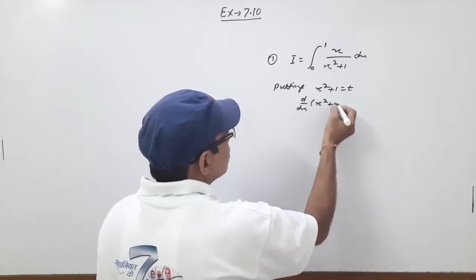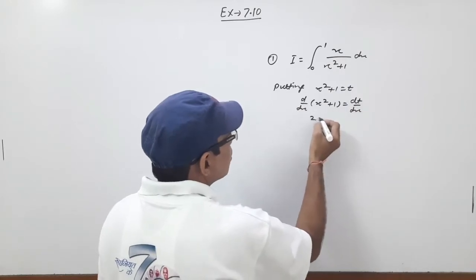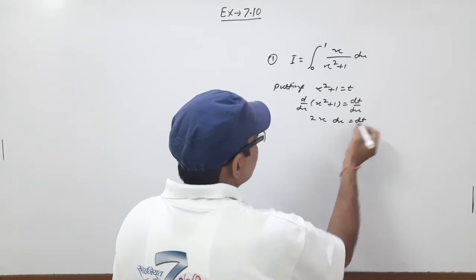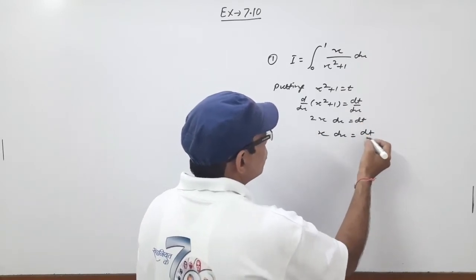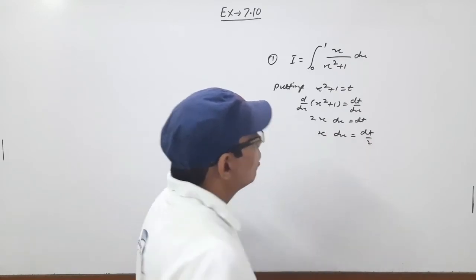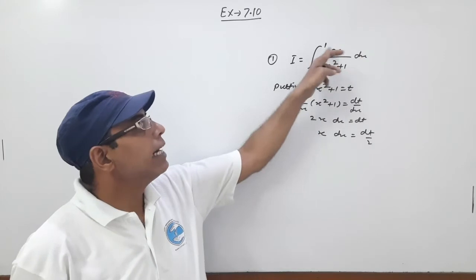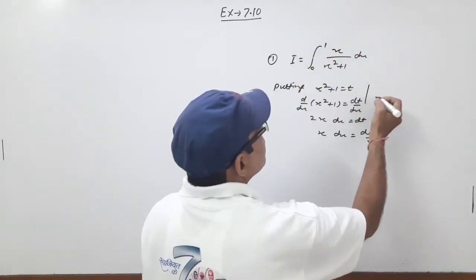differentiating both sides with respect to x, we have 2x dx equal to dt, and now x dx equal to dt by 2. We are finding the value of x dx because we have x dx in the question, and now we are changing the limit.